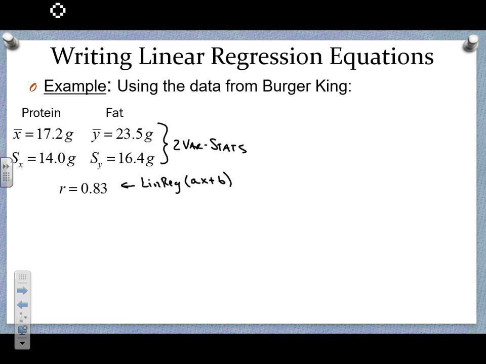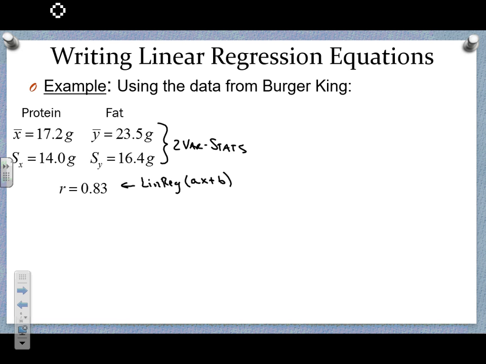And then you're going to be typing into linreg, which is going to give you your correlation, right? But the other thing that's going to happen when you type in linreg is it's going to give you your regression line. Okay? If we look at the actual title of the program, it's linreg, linear regression. So you're going to have access to what your equation should look like before you've even calculated it.